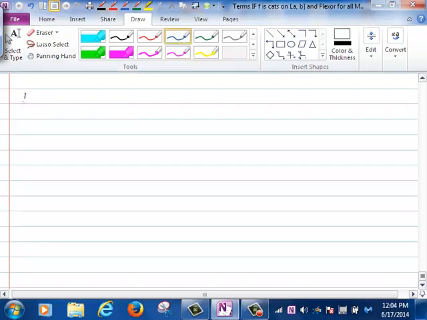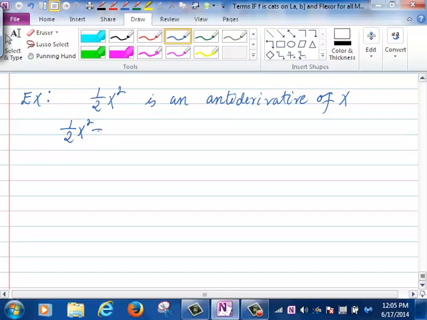In the example that I had, we said that half of x squared is an antiderivative of x, and I'm going to say that half of x squared plus C is the general antiderivative of x.